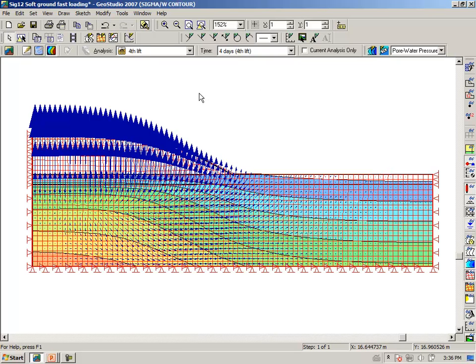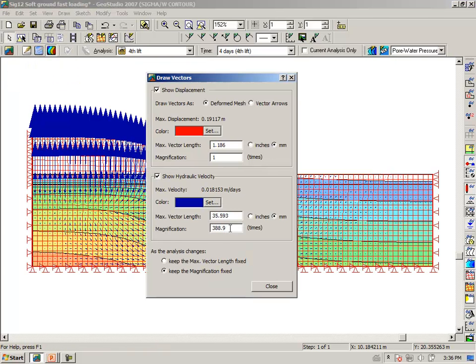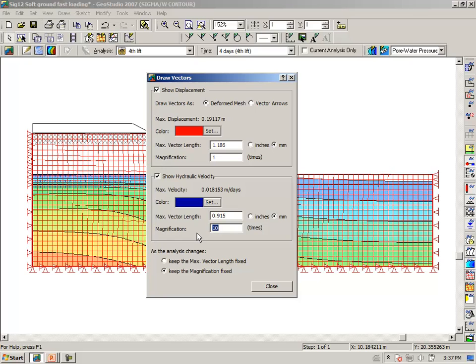Vectors can be very confusing. Draw vectors, and the reason here is our magnification is way too big. Making the magnification smaller, maybe a little bit bigger, maybe 100.